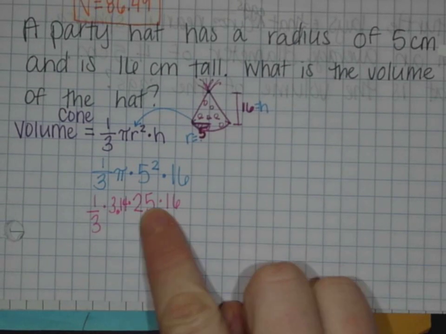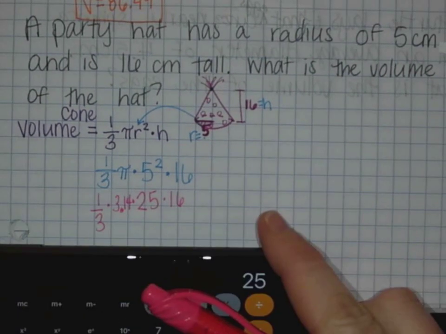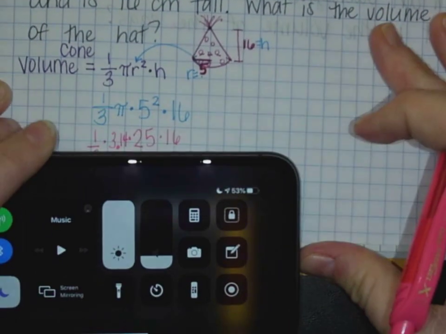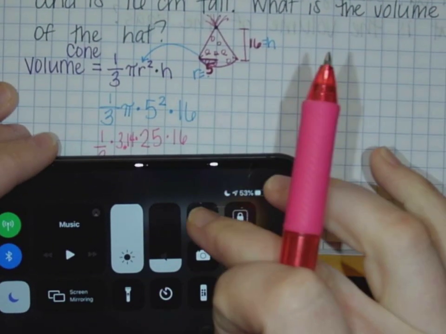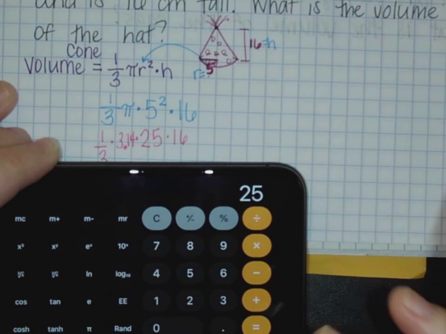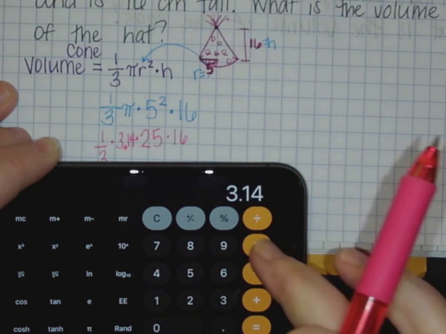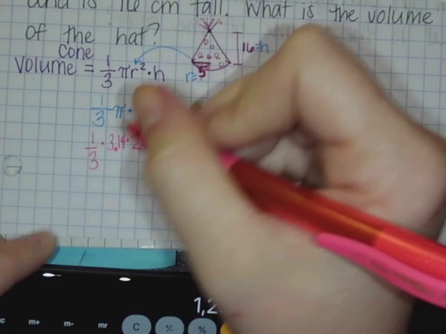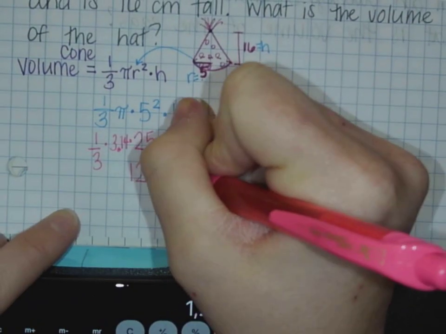So I'm going to multiply all of this and I can actually do it in one step. Last time I did it step by step, but I'm going to type it in. So I'm going to do 3.14 times 25 times 16. So 3.14 times 25 times 16 is 1,256.